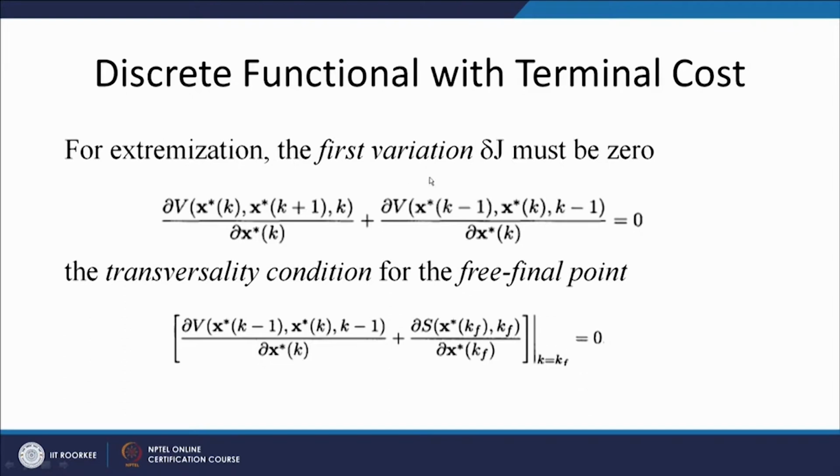So, with this again we have the EL equation in the discrete form, plus my boundary condition will be given by this second equation. So, even with the terminal cost, the additional term which is appearing is del s by del x, which is given.